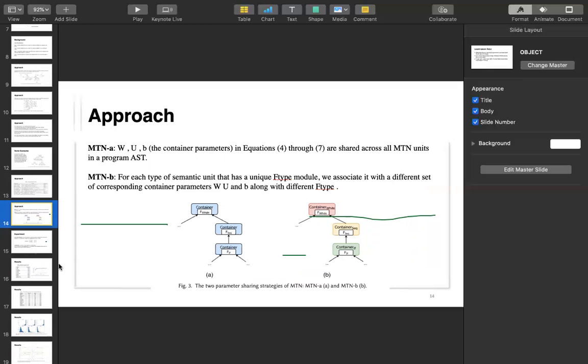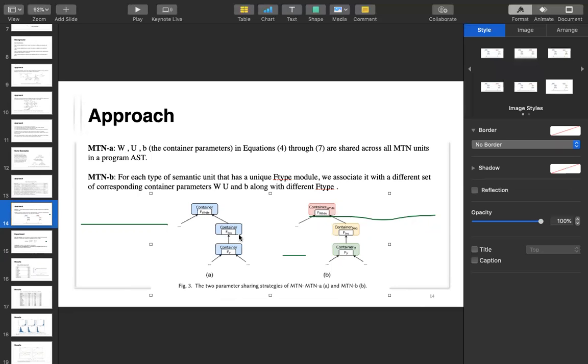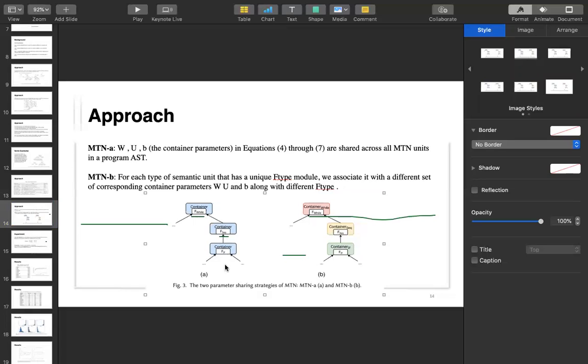So A is more like a traditional approach because they share the same weights. This weight is used in the LSTM. So what's the difference? You can see the graph here. On the left graph, they have F while, F sequence, and F if.